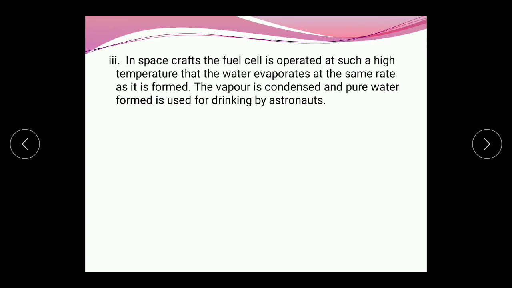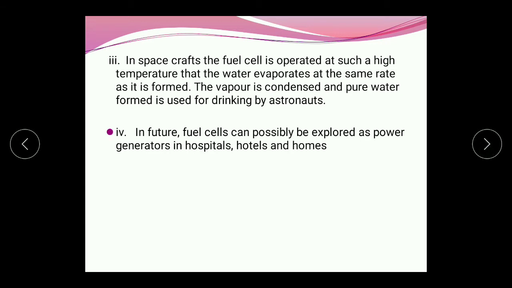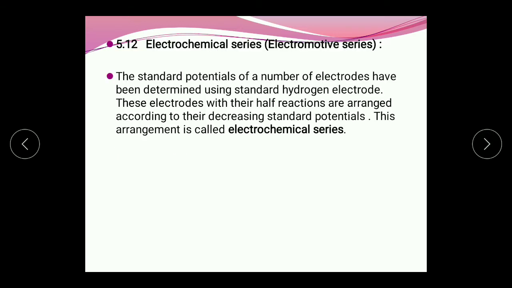As it is non-polluting, it can be run continuously by supplying hydrogen and oxygen, and we also get pure water from it. The next application is, in future, these cells can be used as power generators in hospitals, homes, hotels, etc. So this is all about fuel cells, their applications, advantages, and drawbacks.